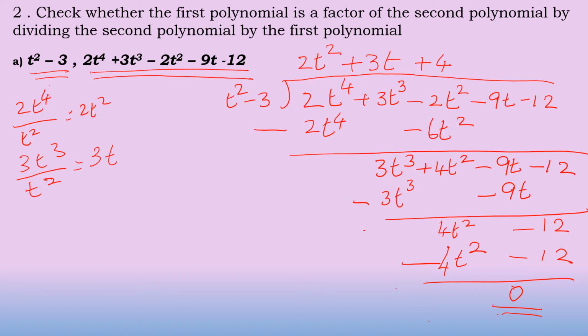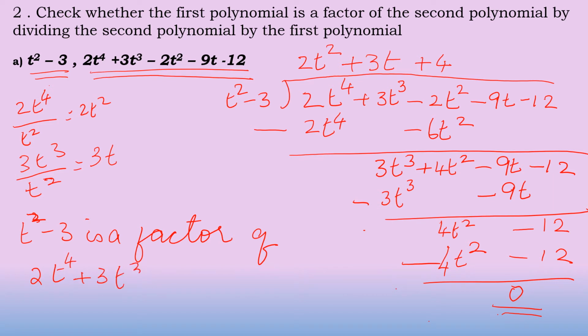We say that t square minus 3 is a factor of 2t to the power of 4 plus 3t cube minus 2t square minus 9t minus 12. This is how you check if a given polynomial is a factor of the other polynomial.